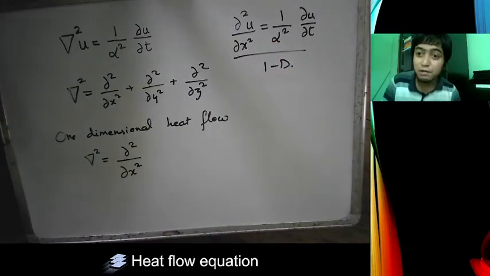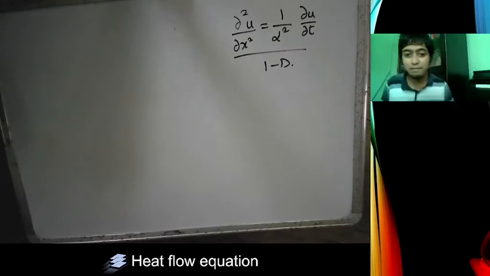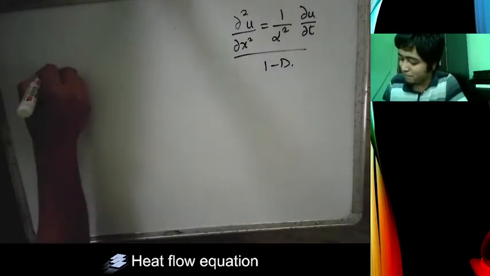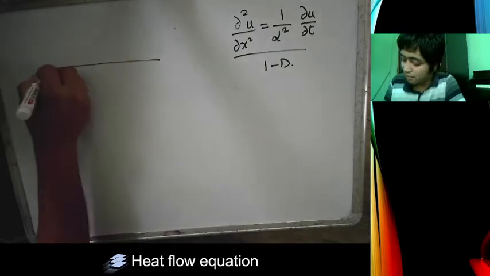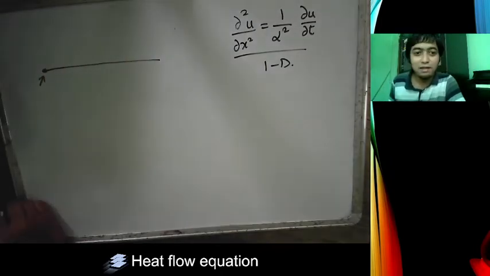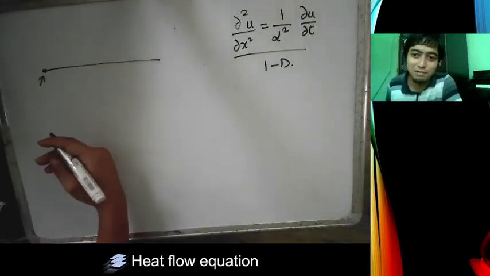As examples of one-dimensional heat flow, you can think about things like this. Suppose you have a long rod and you are heating it, and you assume that the heat cannot go to the surroundings.